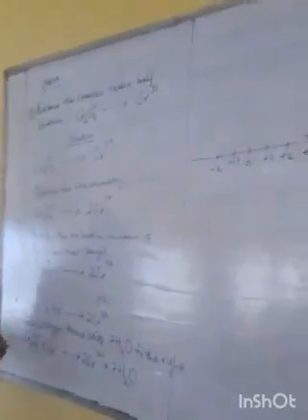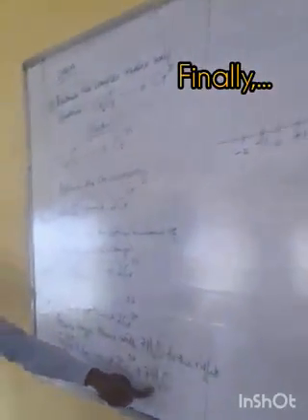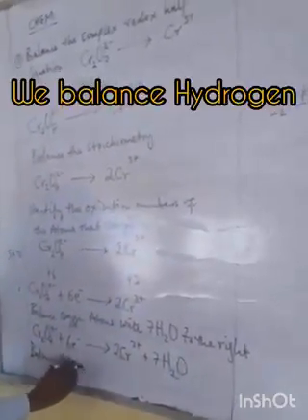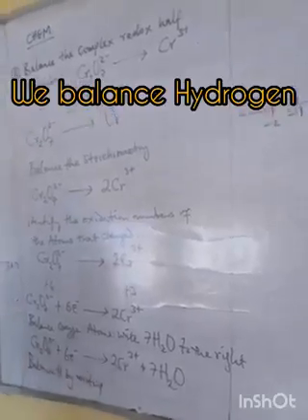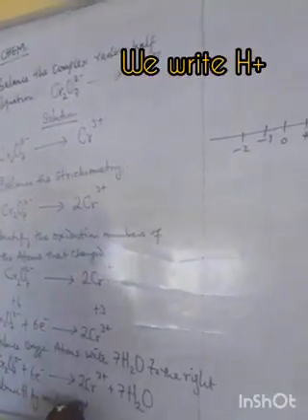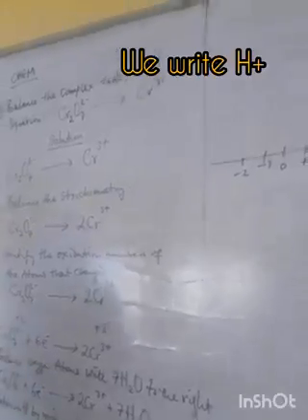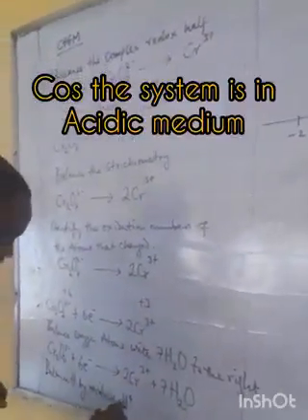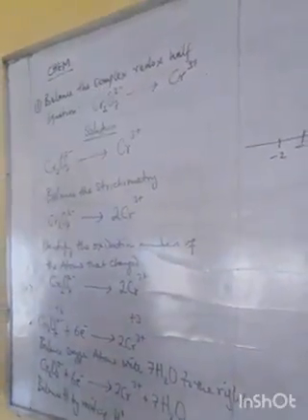Finally, what is left unbalanced is hydrogen atoms. So we balance hydrogen. We cannot write hydrogen alone, we write H plus, because the system is in an acidic medium. But how many H plus?